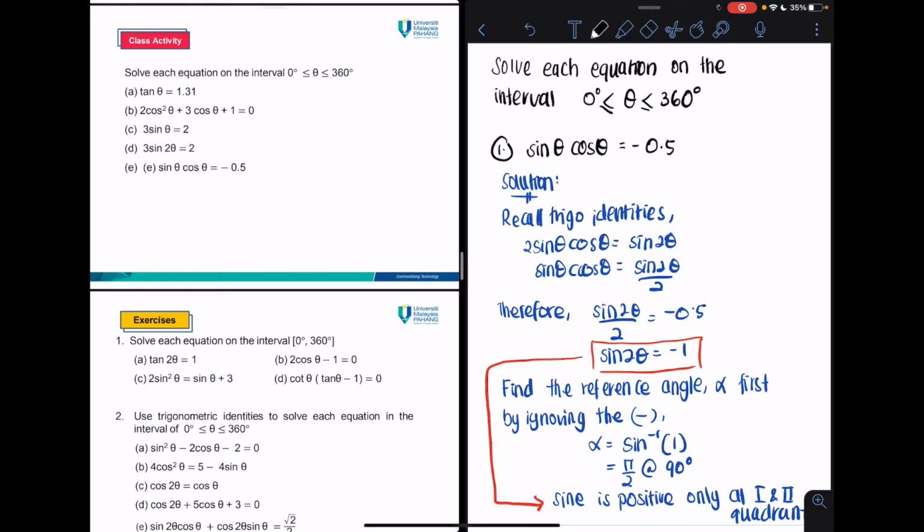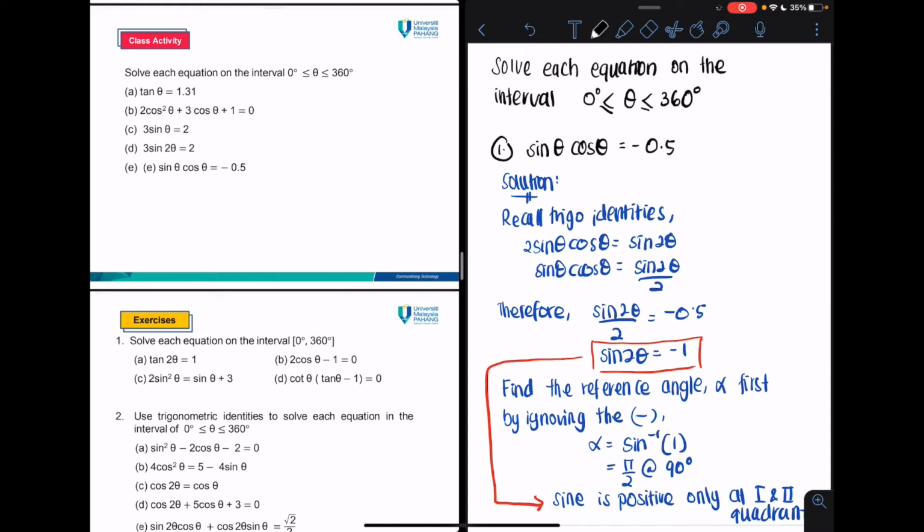Then, sine theta cosine theta is equal to sine 2 theta over 2. Therefore, the left hand side can be replaced with sine 2 theta over 2 equal to negative 0.5. Then, you need to solve for sine 2 theta equal to negative 1.